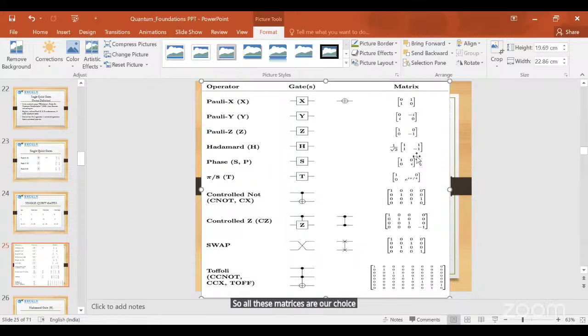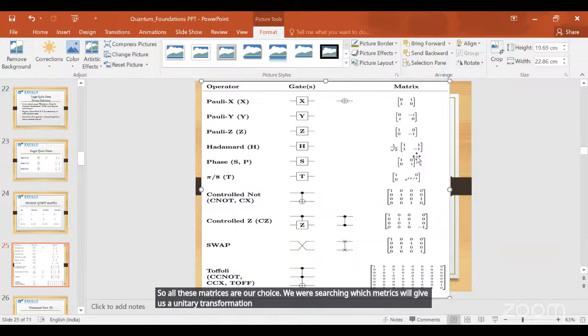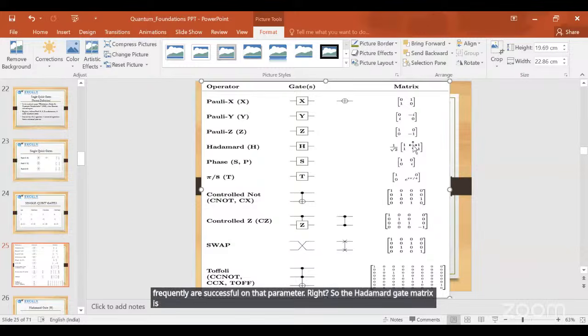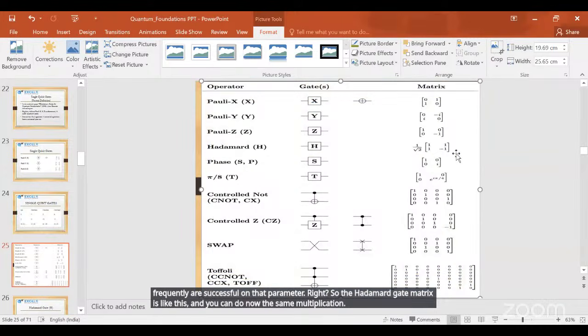We were searching for which matrix will give us a unitary or reversible transformation. These matrices are frequently successful on that parameter. So the Hadamard gate matrix is like this, and you can now do the same multiplication.